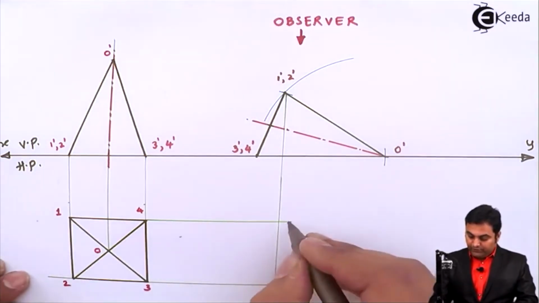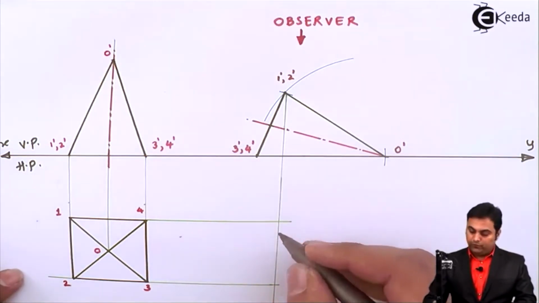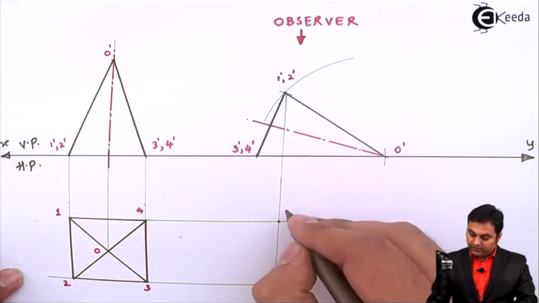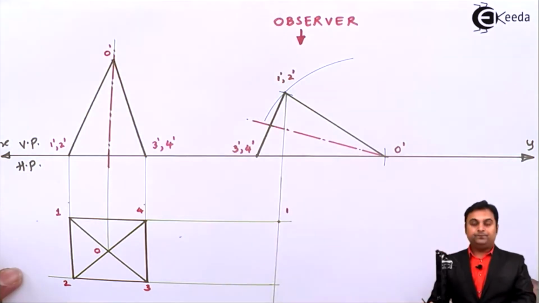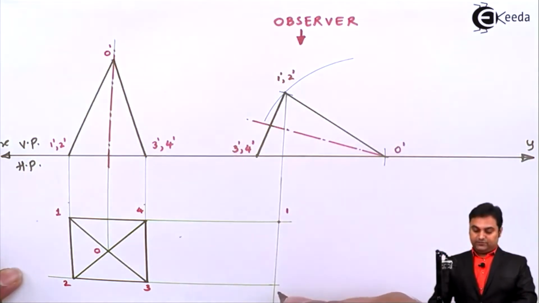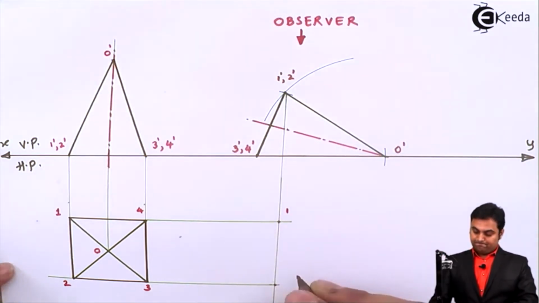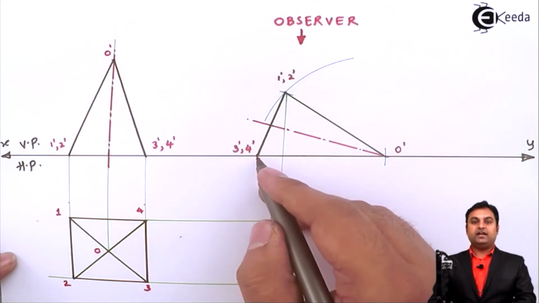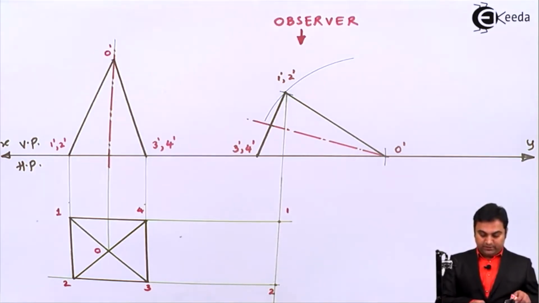So here we have point 1 from the top view and here point 1 dash from the front view. Wherever they intersect, that gives point 1. On the same line there is point 2. Next point 3 dash and 4 dash, that is visible.